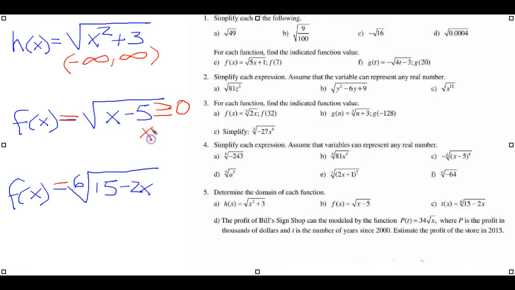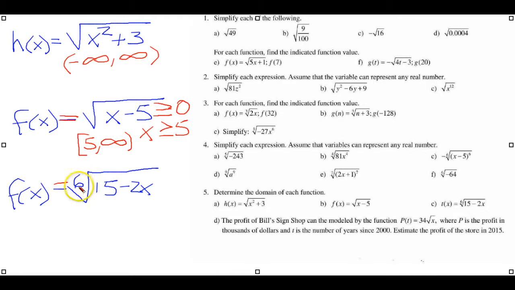So when we solve this, x is going to be greater or equal to 5. We just move that over. So what is this in interval notation? Well, again, since we have the inequality and an equal, we're going to use a bracket to indicate that 5 is in the set. And it's going to start with 5 and go up to infinity. So that is the solution for this.